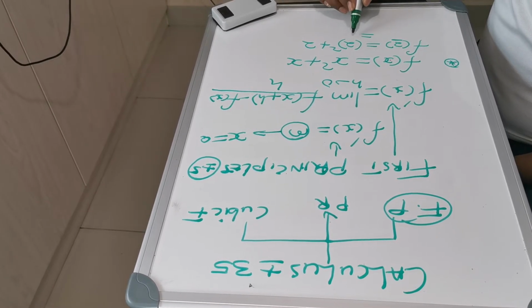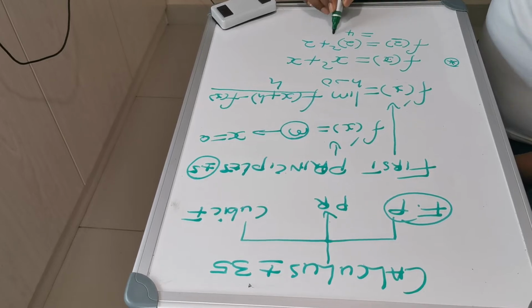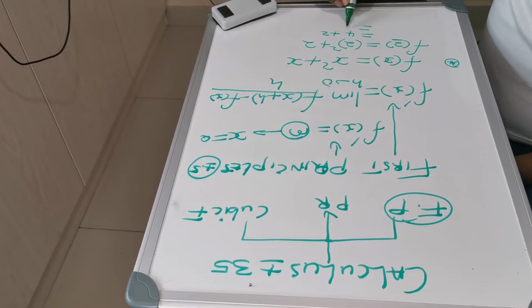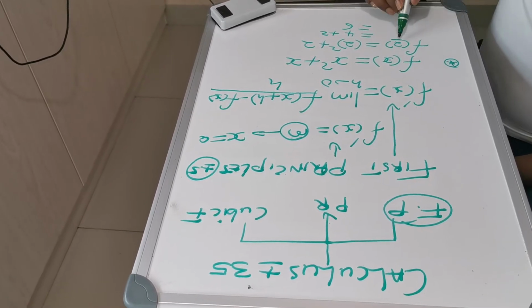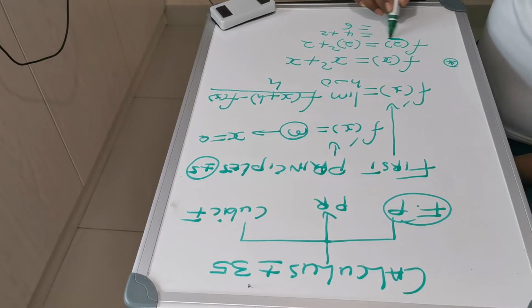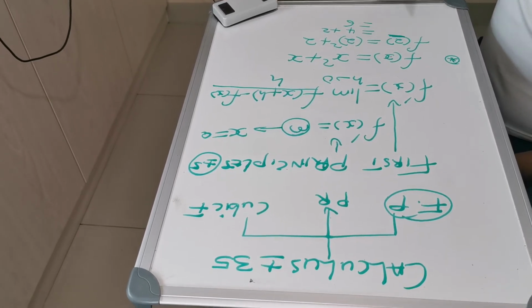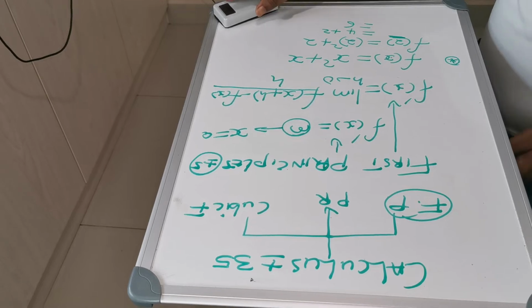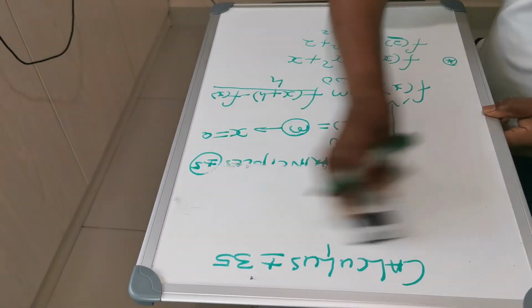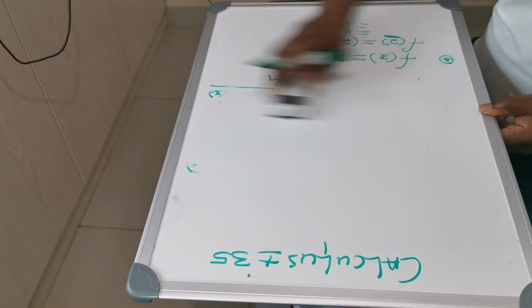Then what would be your answer here? This would be 4 plus 2. Then your answer here is 6, which means what is inside the bracket, that is what you put where there is x.